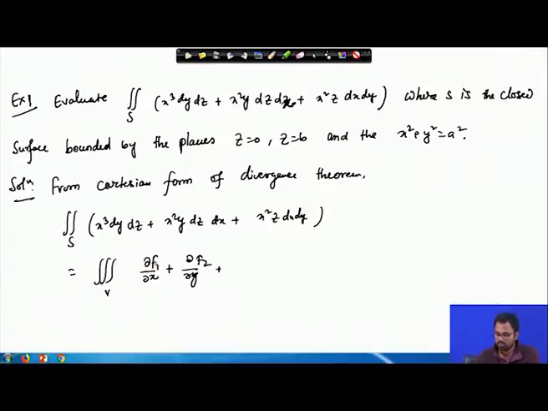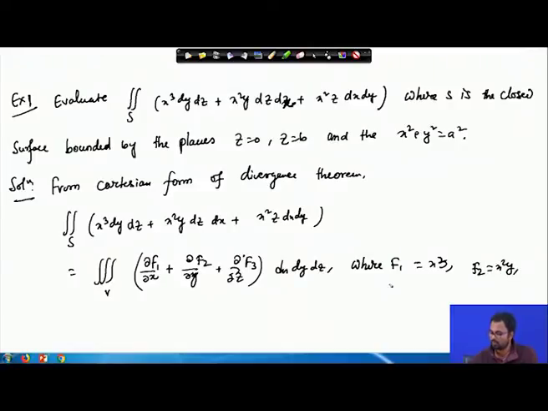plus del z of f3 dx dy dz, where f1 is x cube, f2 is x square y, and f3 is x square z.